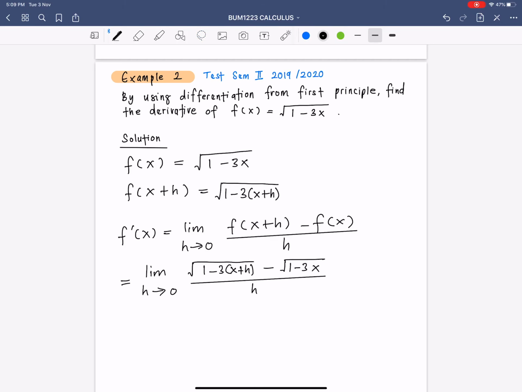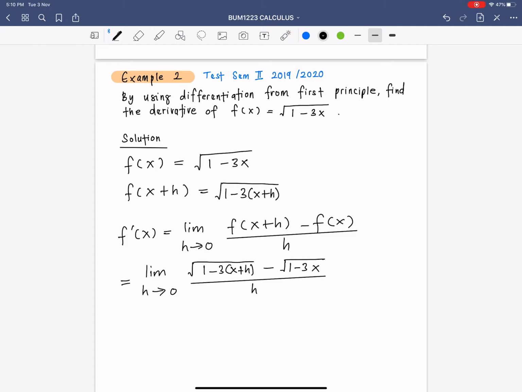If you try direct substitution, you will get an indeterminate form, which is 0 over 0. Therefore, we should use either multiplication with the conjugate or differentiation. As you know from chapter 1, when we have the root sign, we should use multiplication with the conjugate.